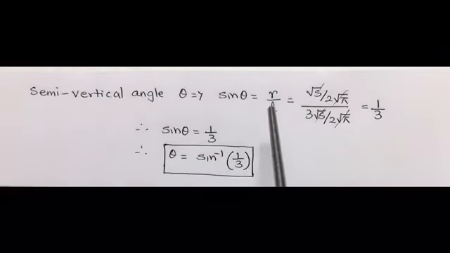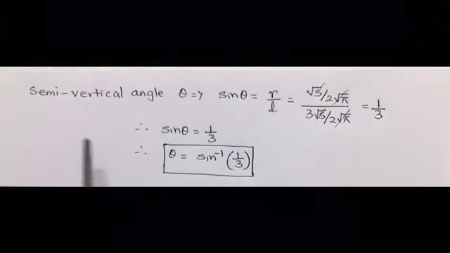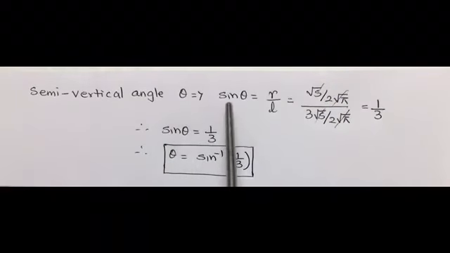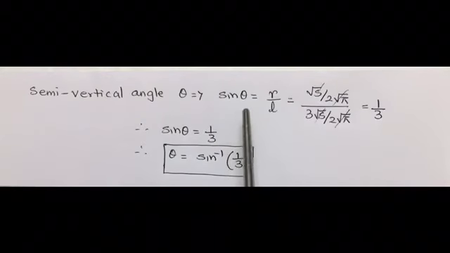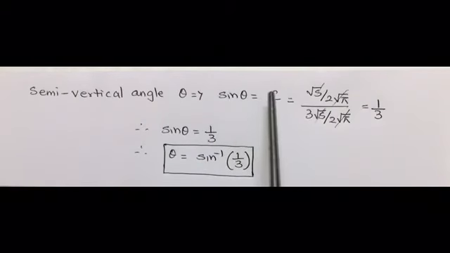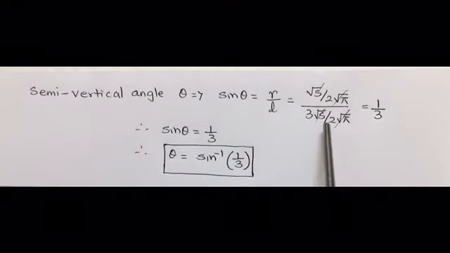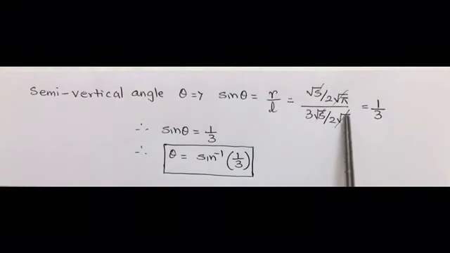We have the value of R and L. Now we will take up semi-vertical angle theta in terms of sine theta. So sine theta will be equal to R by L. R value is root S upon 2 root pi. L value calculated is 3 root S upon 2 root pi.